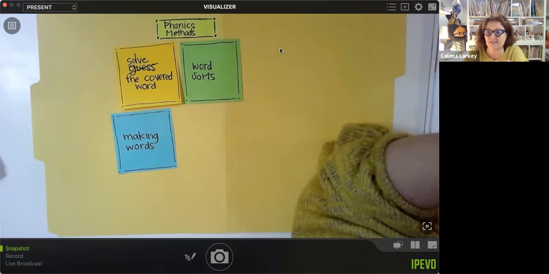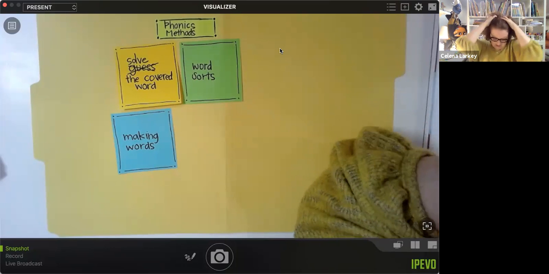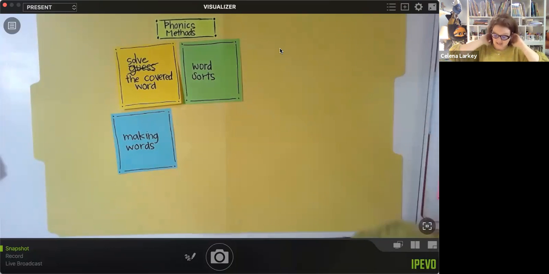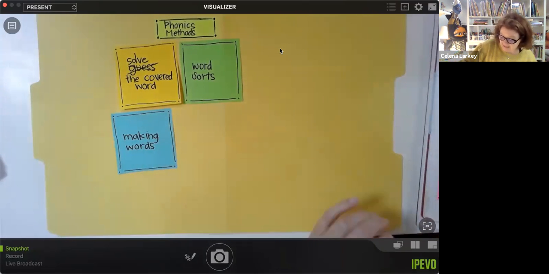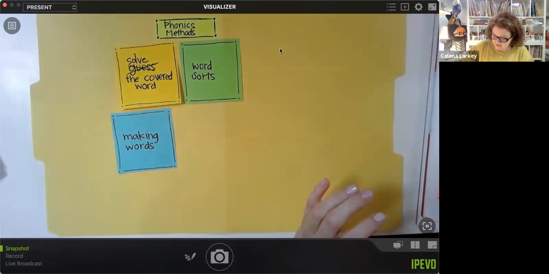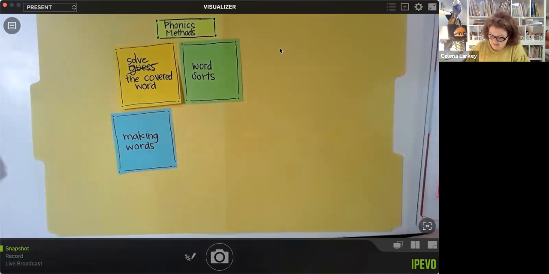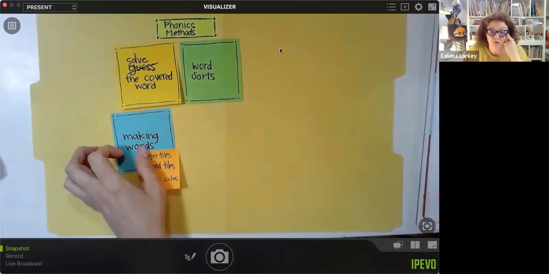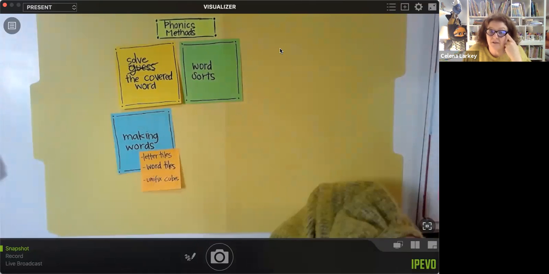And there are lots of sessions in those units of study that rely on getting kids to make words. Often it will be with magnetic letters, or letter tiles or word tiles. Sometimes it suggests that you use word or word part tiles.